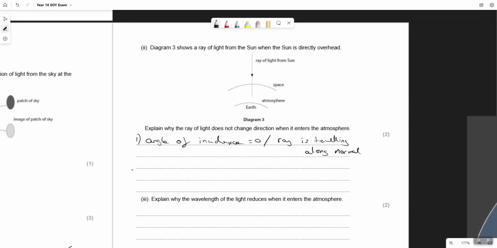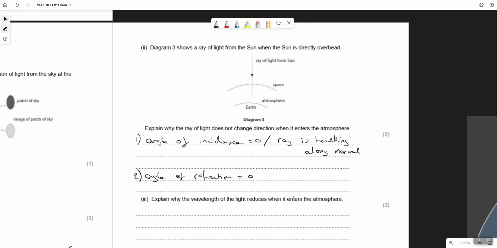And because of this condition, that means that the angle of refraction is also equal to 0.